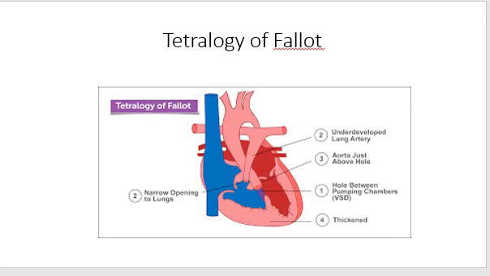Some other things, and I think that's it. Just know that for tetralogy of Fallot you'll have paroxysmal hypercyanotic episodes, or TET spells, which are spontaneous cyanosis, respiratory distress, weakness, and syncope. They can last a few minutes to a few hours, followed by lethargy and sleep.